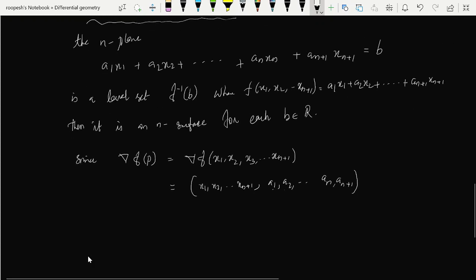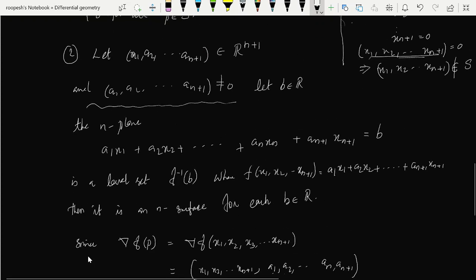So what you're getting is not equal to 0 by our assumption, right? If you want, you can mark this as star one, and this assumption as star.